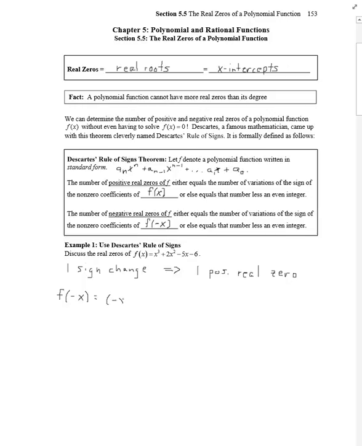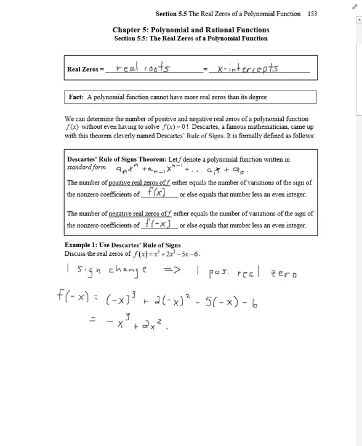So we have negative x, the whole thing cubed, plus 2 times a negative x squared minus 5 times a negative x minus 6, which equals negative x cubed plus 2x squared, because when we square a negative number it's positive.